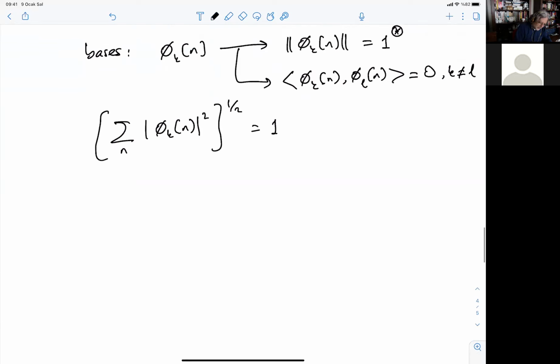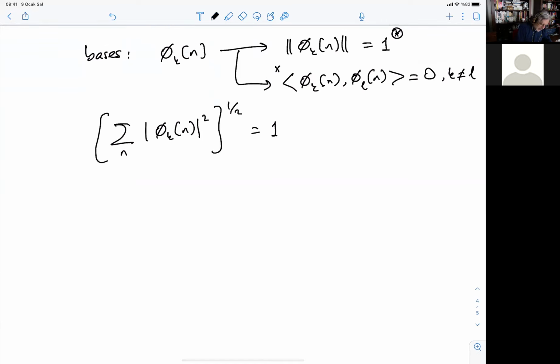And this is for the first. And for the second, we will define again the inner product in the form of this. We will say phi sub k of n times phi sub L conjugate of n.